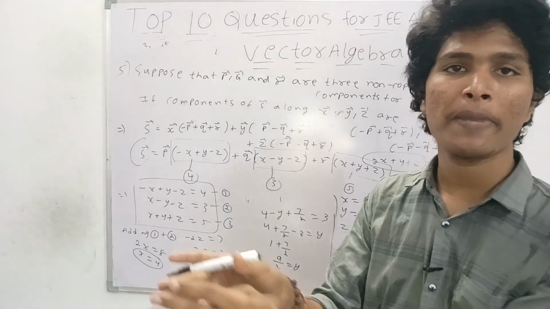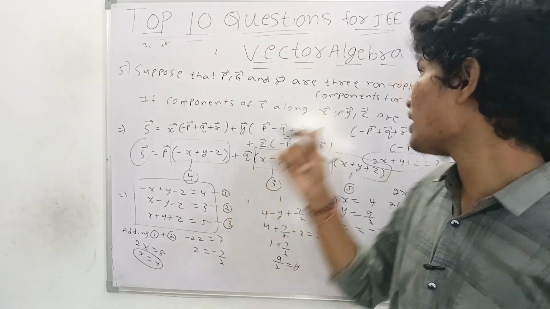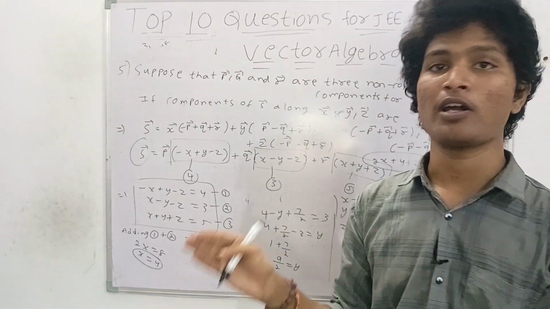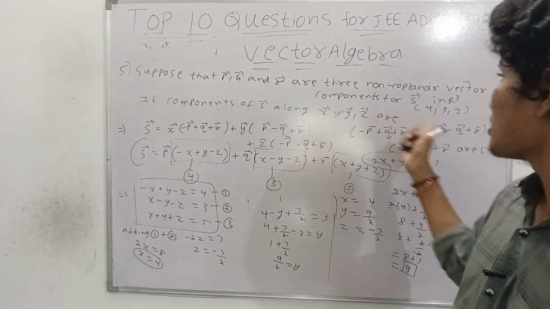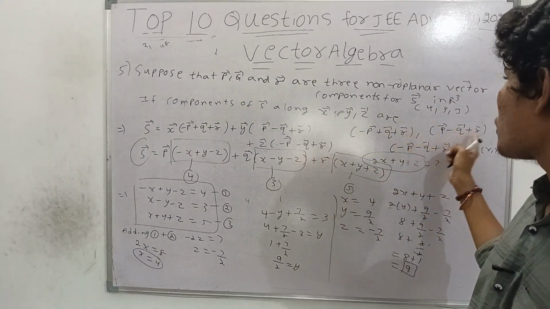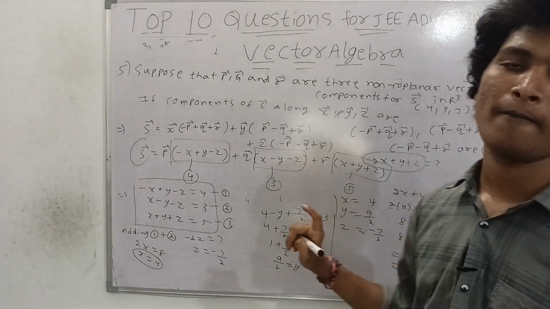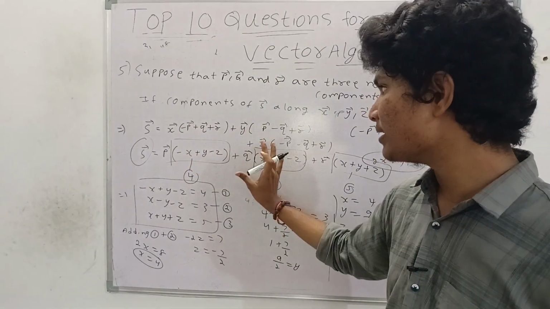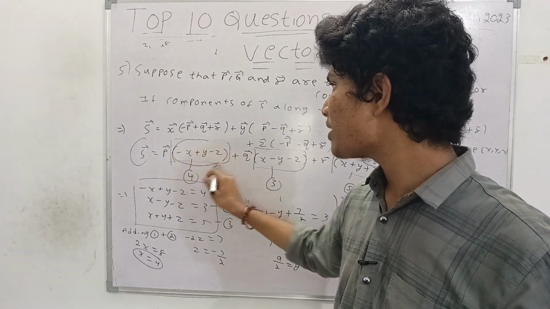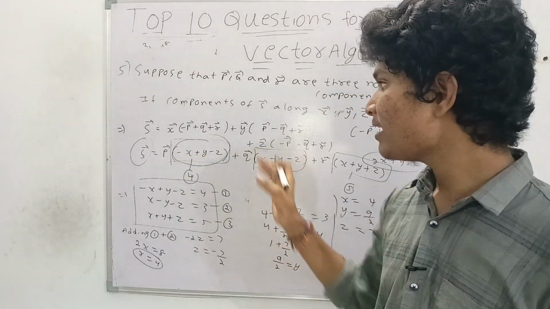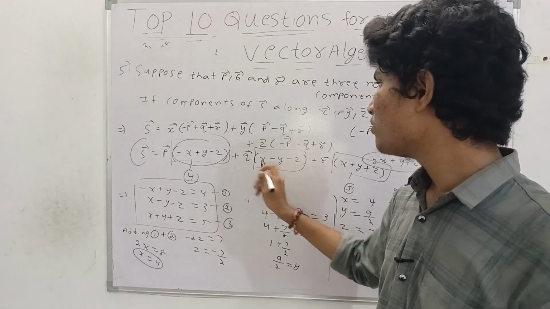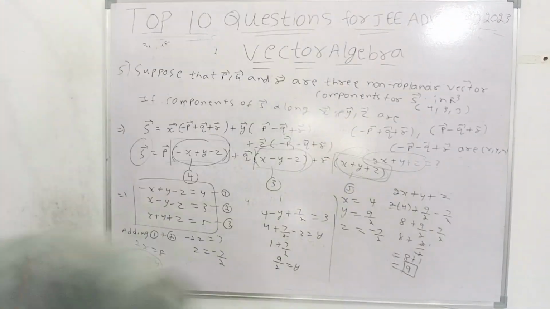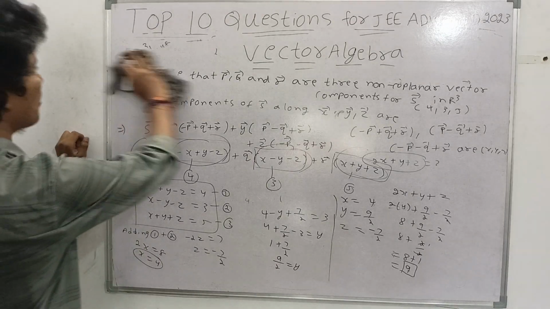When S vector is along P, Q, R, the components of P, Q, R are 4, 3, 5, and when S vector is along x, y, z, the components of x, y, z are minus P plus Q plus R, P minus Q plus R, minus P minus Q plus R. And what I did, I simply separated P, Q, R in this, and we know the values of the components when S vector is along P, Q, R. These things are equal to 4, 3, 5. Like this you have to do. The fifth question is completed.